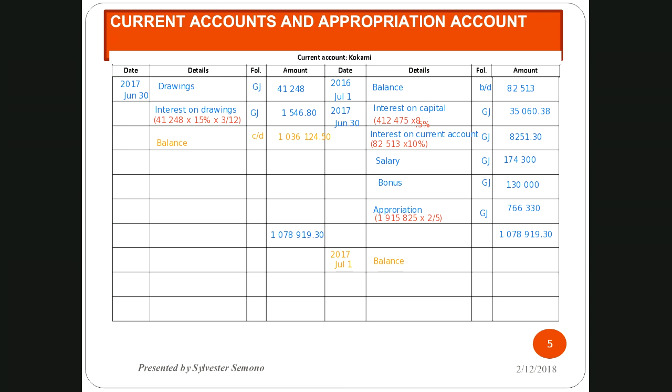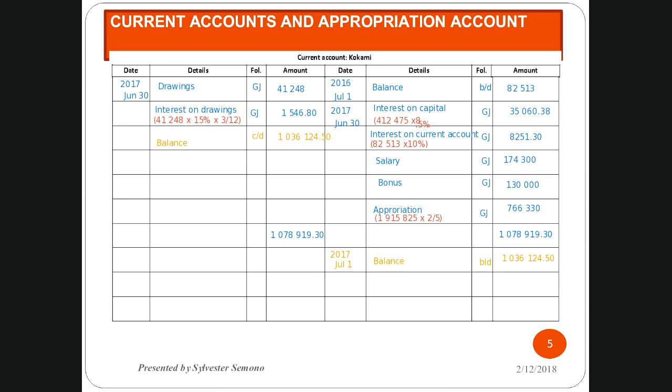And this balance brought down is the same as the carried down, as you can see on the debit side, 1,036,124.50. This is how the current account for Kokame will look. I hope everyone is following so far. If you've got any question, you can send me an email and I'll definitely respond to that.